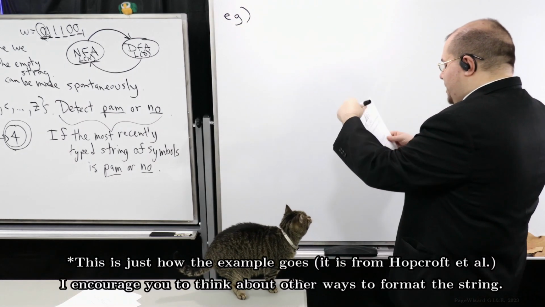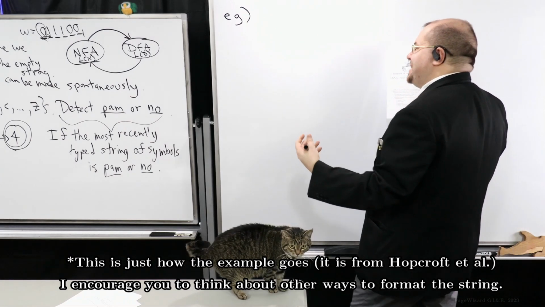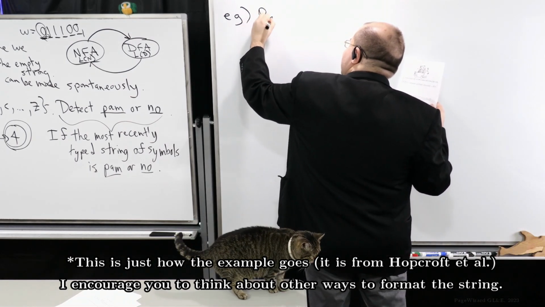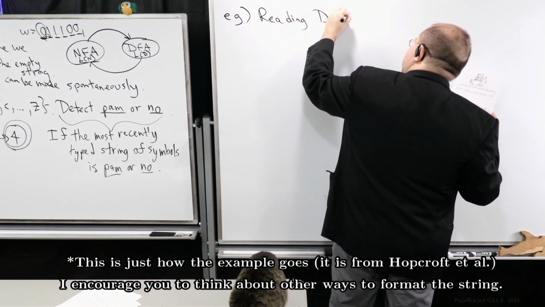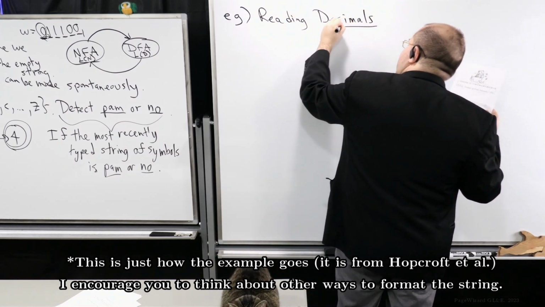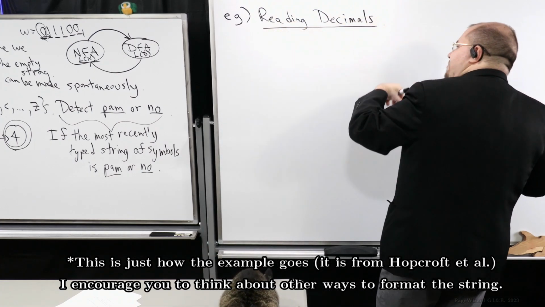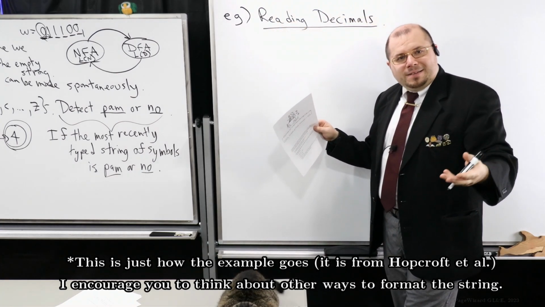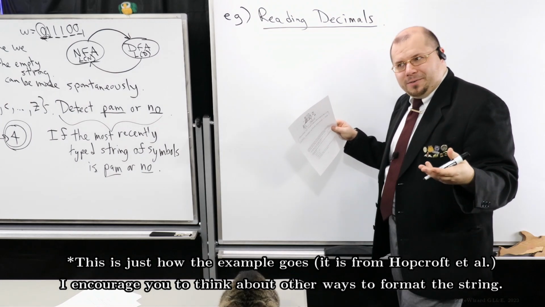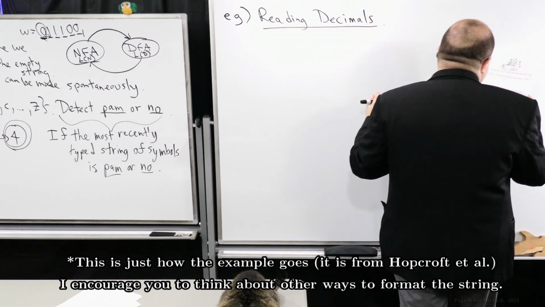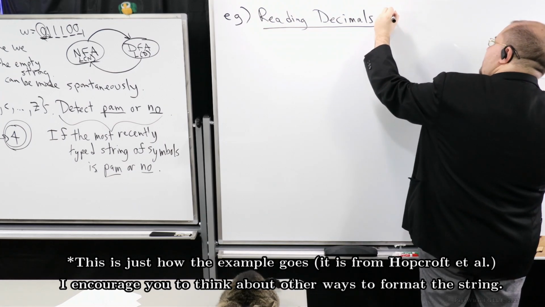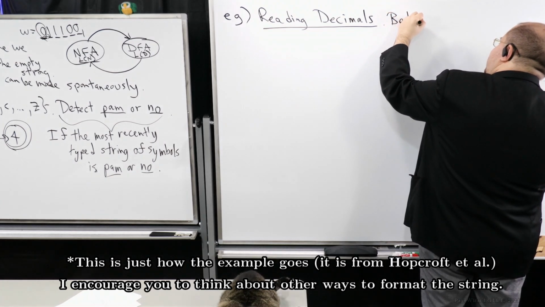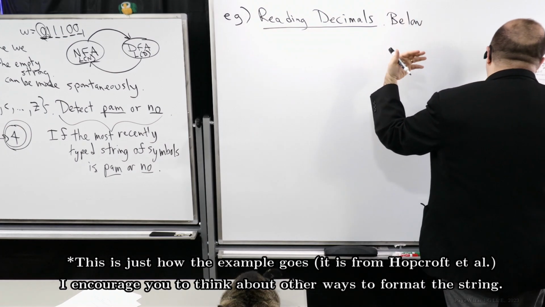So we might want to consider, and this is a nice classic example, a machine for reading decimals. There are many machines where you want to read decimals, like a calculator. Suppose I want to read some decimals. So I'm going to give you an epsilon NFA that's capable of doing the following.